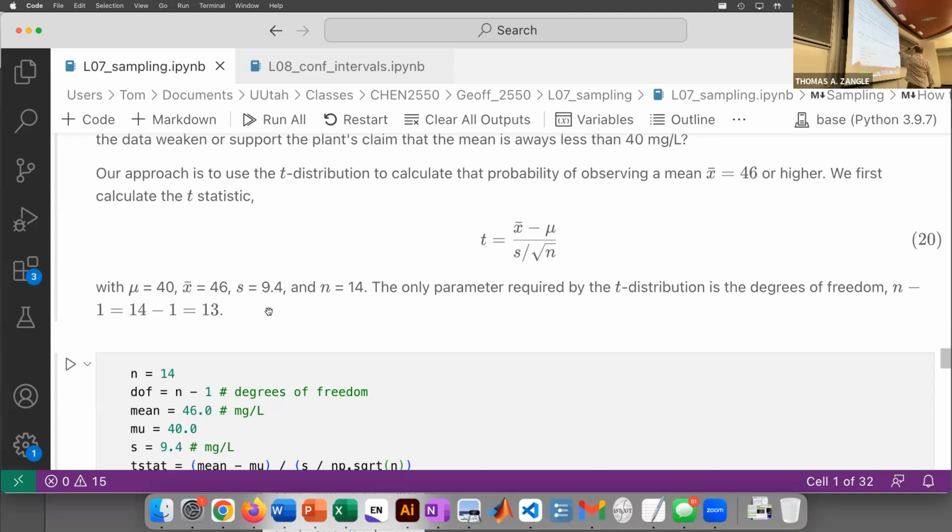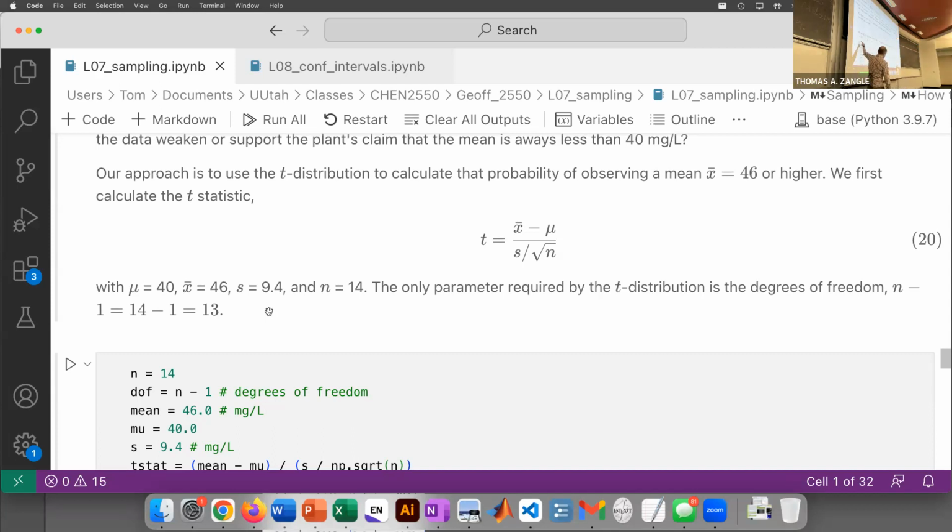To compute the t-distribution, we now have to know both the observed mean, which is the sample mean of 46, and the actual mean of the population, which in this case we're going to say is 40. And we have our s over square root of n, the standard deviation of the means that we expect to see.